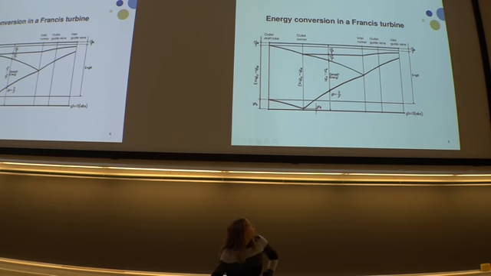Yeah, this area here is related to the transferred energy from the water to the shaft of the runner. If we don't have the draft tube, only this area will be transferred, because then the pressure at the outlet of the runner will be fixed by the tailwater.